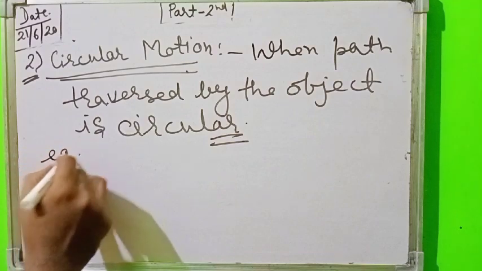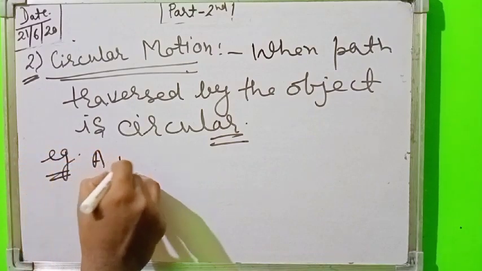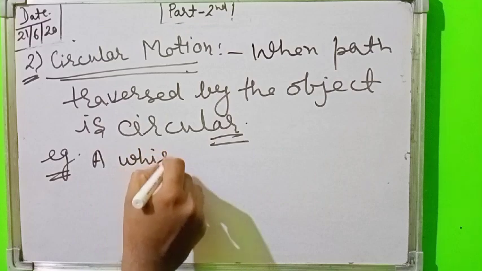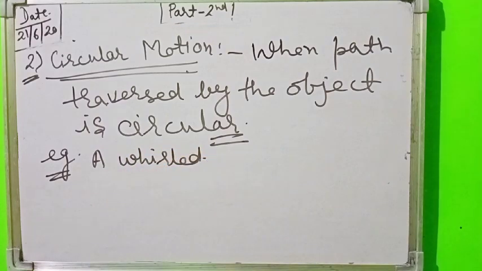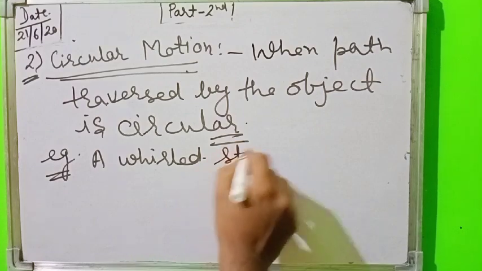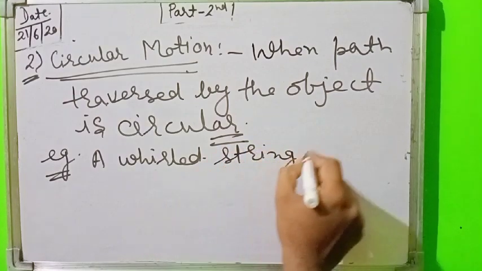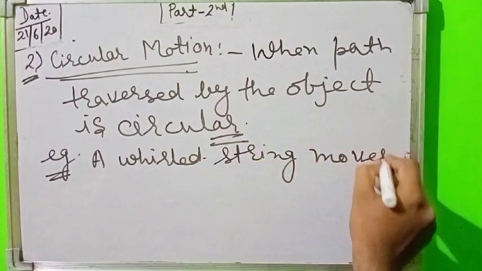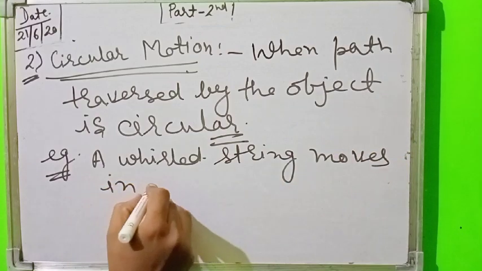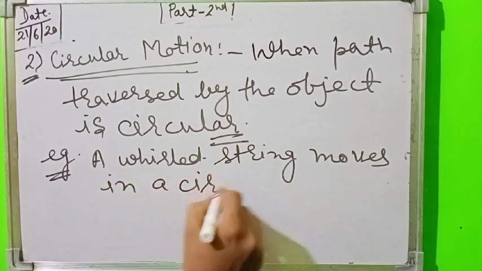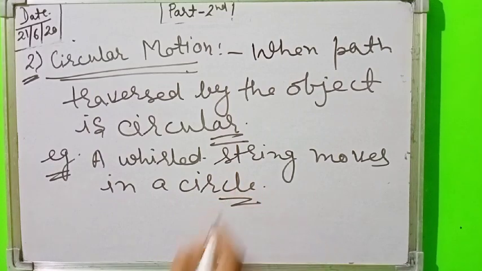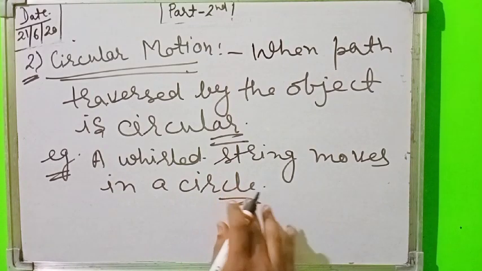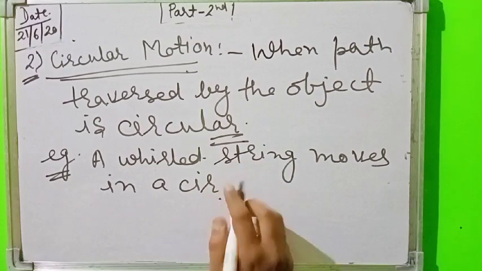Example: a stone tied to a string moves in a circle, or you can say a circular loop.